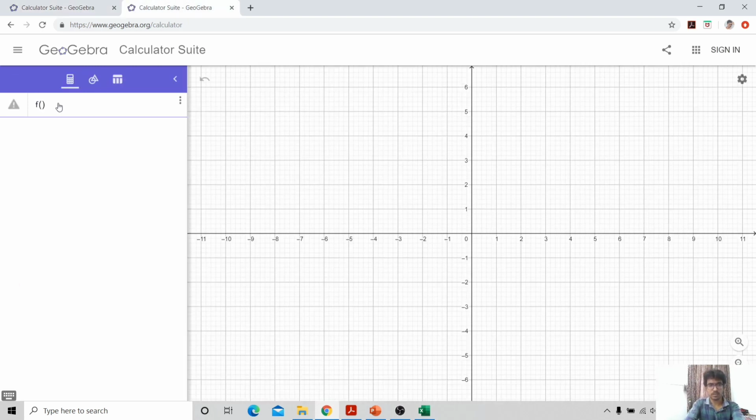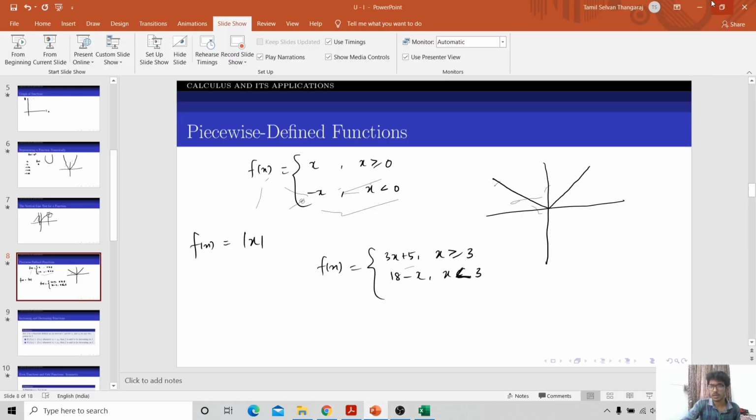My f of x is defined in the way that if x is bigger than or equal to 3, it is defined as 3x plus 5, and else, if x is less than 3, it is 18 minus x.